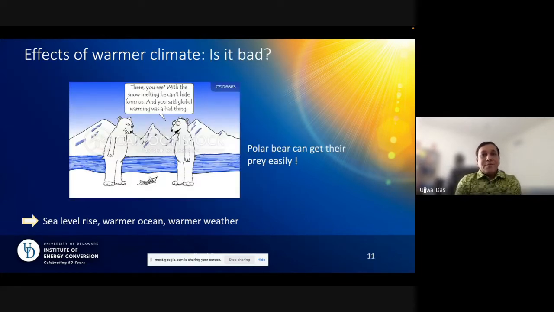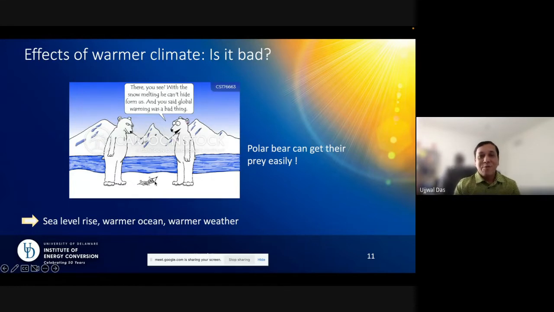Well, is the warmer climate bad? I'm showing a cartoon here. It's a conversation between two polar bears. It's good for the polar bears because they can now get their prey easily. One polar bear is saying, you see, with the snow melting, he can't hide from us, meaning the prey can't hide from them.